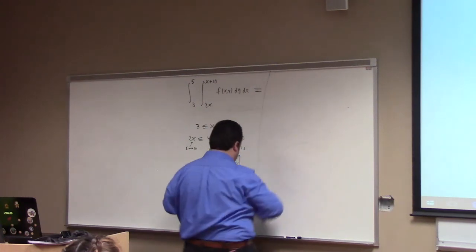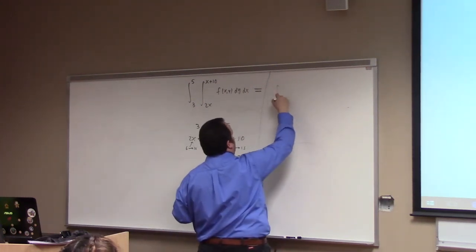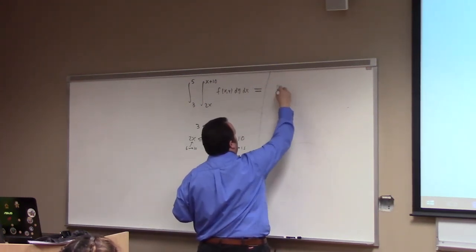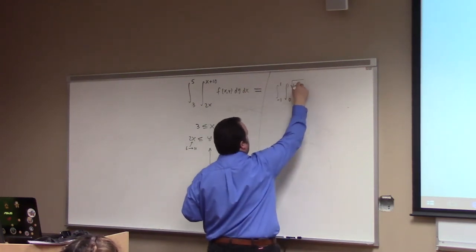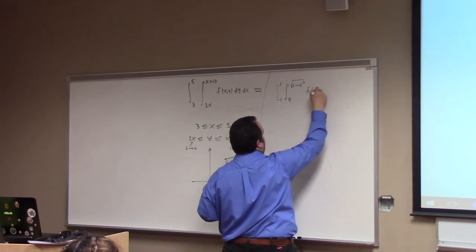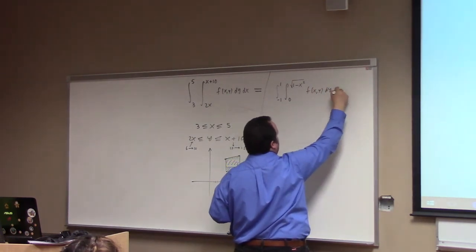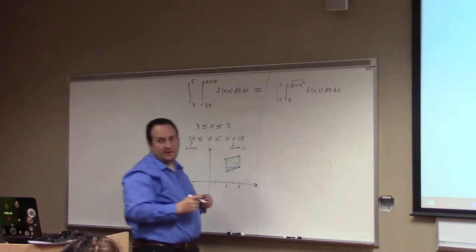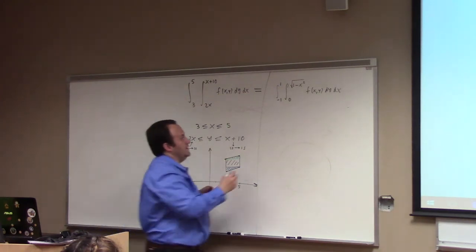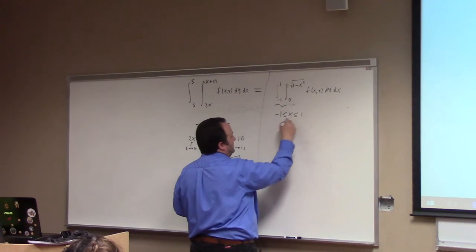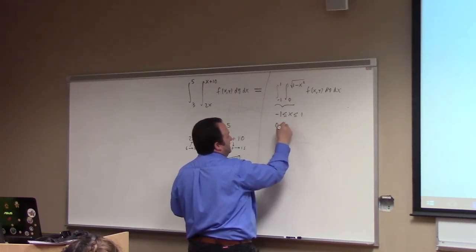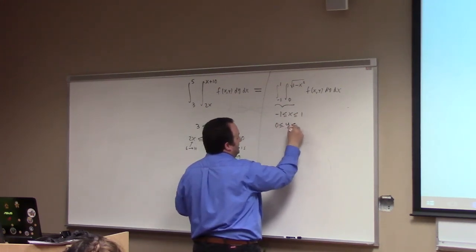Let's try something else. What if I had the integral from, say, minus 1 to 1, the integral from 0 to the square root of 1 minus x squared, f of xy, dy dx. This one will work out better. So here, what this says is minus 1 less than or equal to x less than or equal to 1, and 0 less than or equal to y.